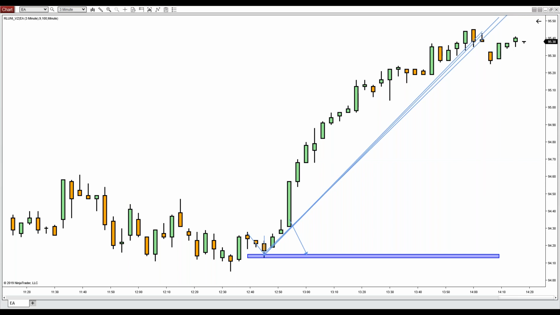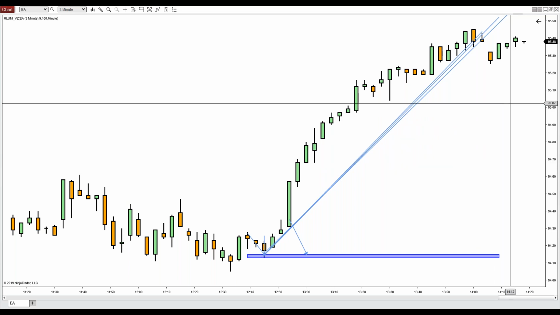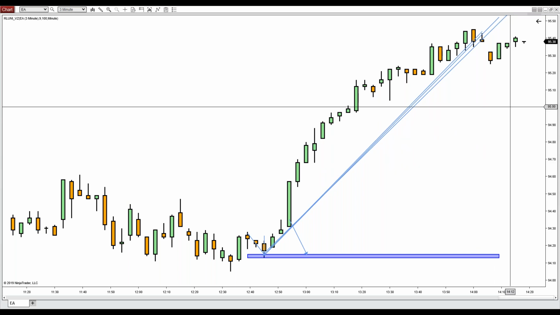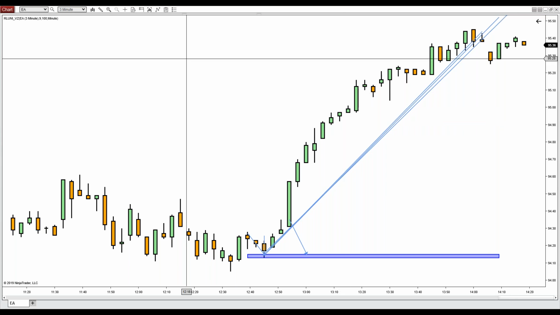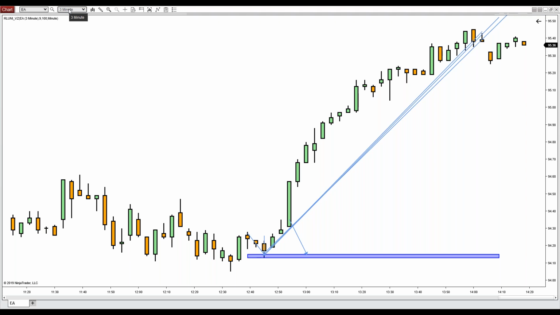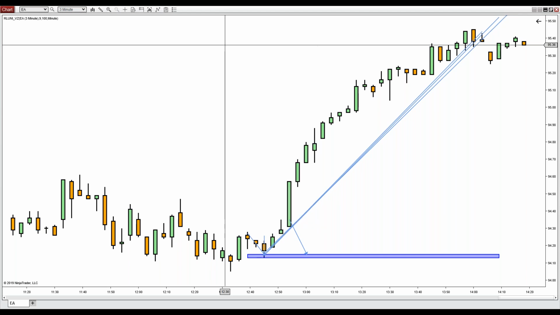If you're trading a daily chart, your input is going to be 3 days on the indicator. As long as you know the speed that you want to trade the instrument in minutes, it's going to be 3 times that in the indicator.